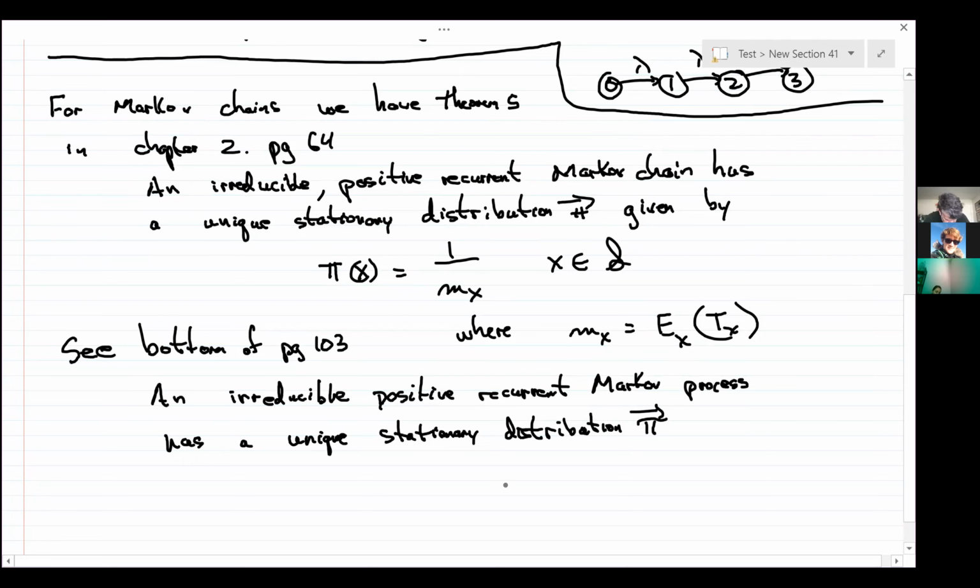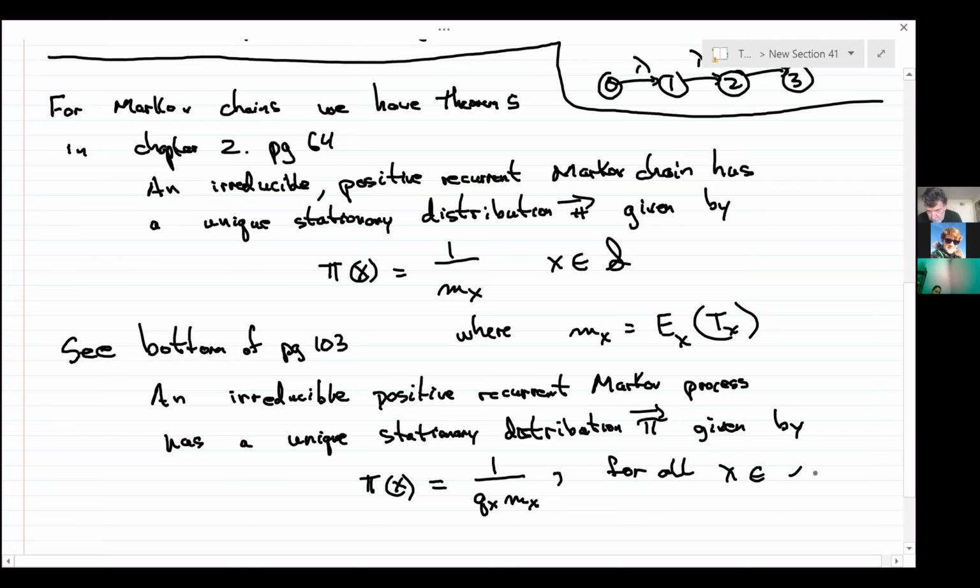And I'm going to leave off the exceptional case. They're talking about a strange case here where there's only one absorbing state. I'm not even going to make reference to that. I'll just say stationary distribution pi given by pi of x equals 1 over q of x, for all x in the state space S.